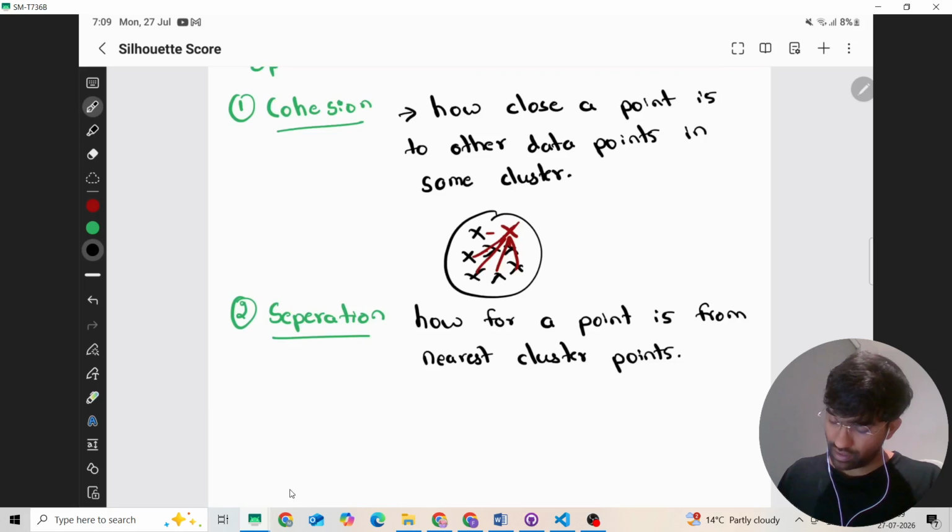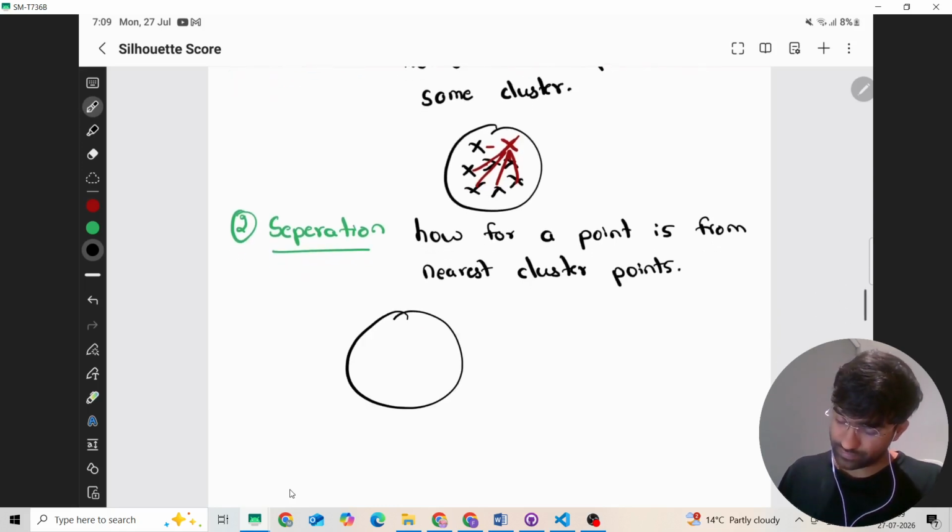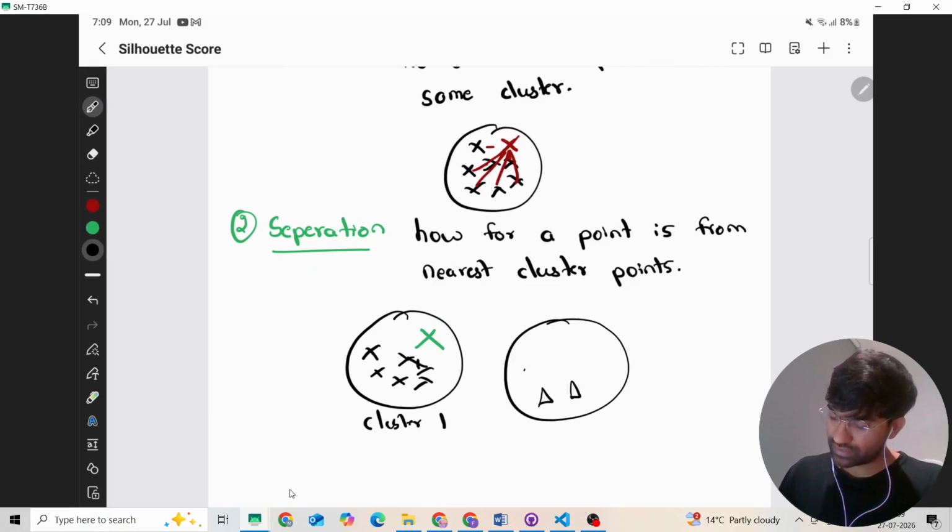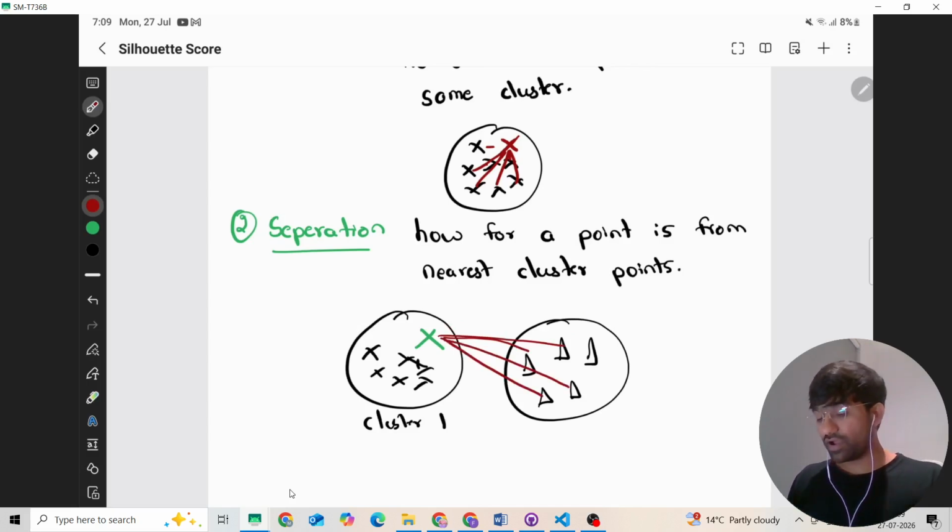We'll also find out the separation. So if I draw this, suppose these are our data points in cluster 1, and these are our data points in cluster 2. Separation will try to find the distance between these points, how far it is from the nearest cluster's points.